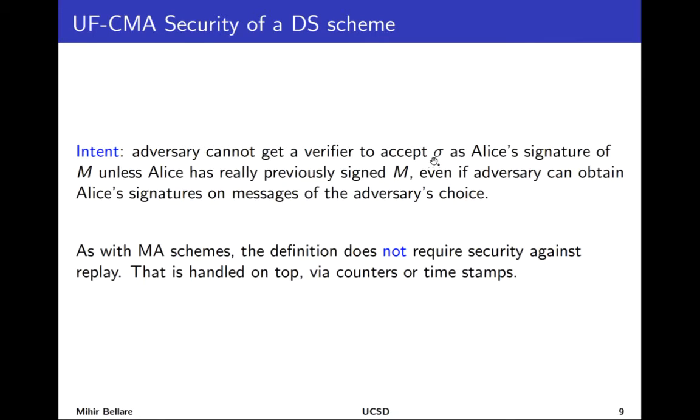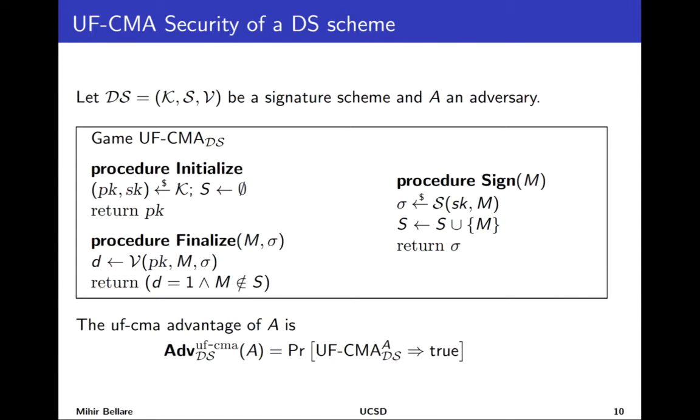If this adversary can get someone to accept something as Alice's signature of it, the adversary wins. But additionally, the adversary has the ability to see Alice's signatures on messages other than the one on which it is trying to generate a forgery. Furthermore, it can even choose these messages. So that's kind of the couple of lines rendition of the definition, which is hopefully somewhat familiar since you've seen it before. And here are the games.